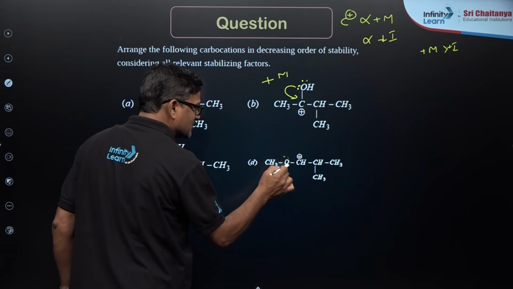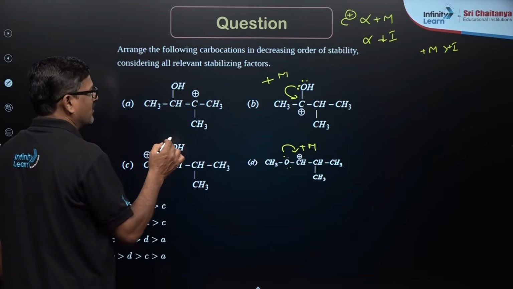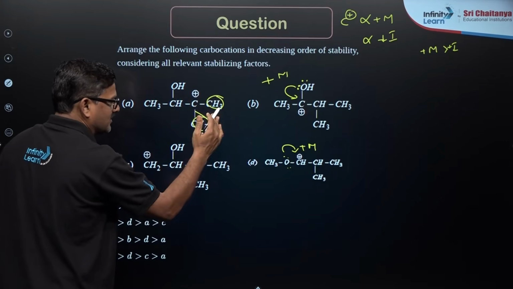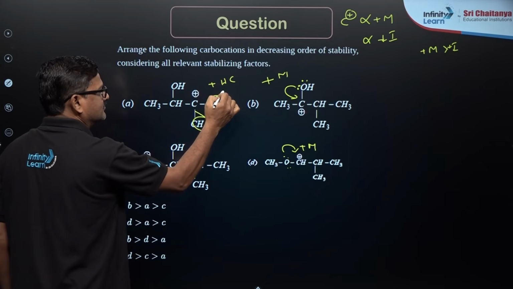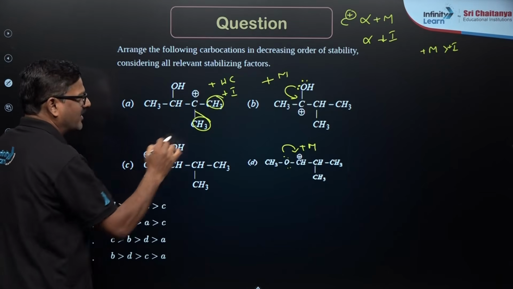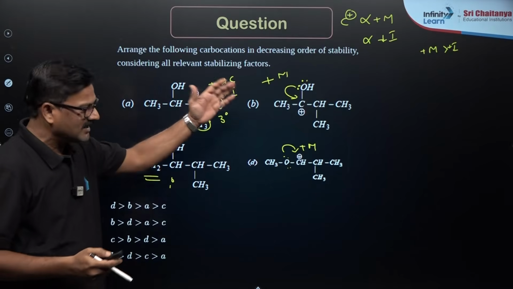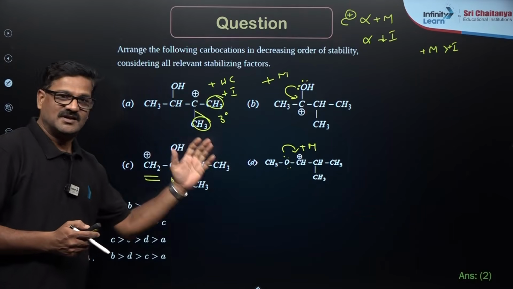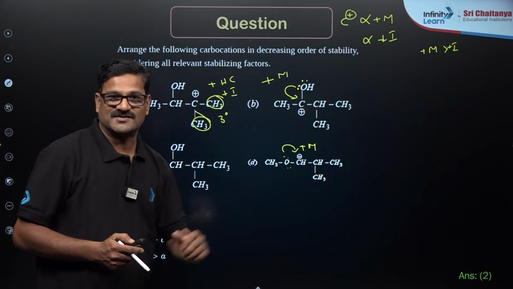And here it is also positive mesomeric effect, and it is also hyperconjugation. Positive inductive effect, it is also having hyperconjugation. And it is a primary carbocation, and it is a tertiary carbocation. I would like to say B is greater than D is greater than A is greater than C. It is going to be option 2 is the correct answer for this question.